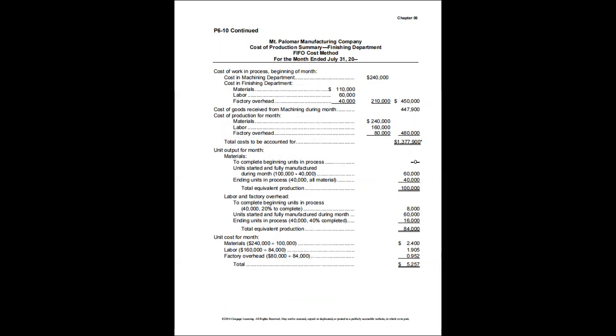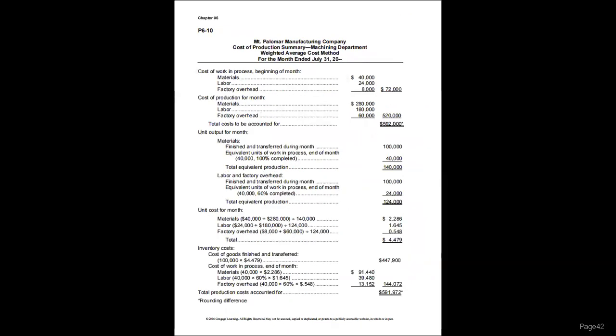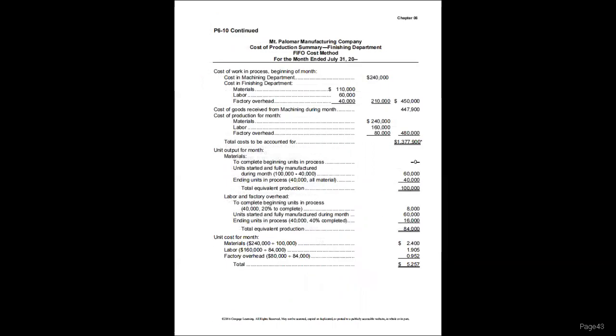And the total cost to be accounted for is 450. The cost in machining of 240,000, that's the cost transferred. Okay, that's the cost transferred. So the cost in the machining is equal to 240,000.